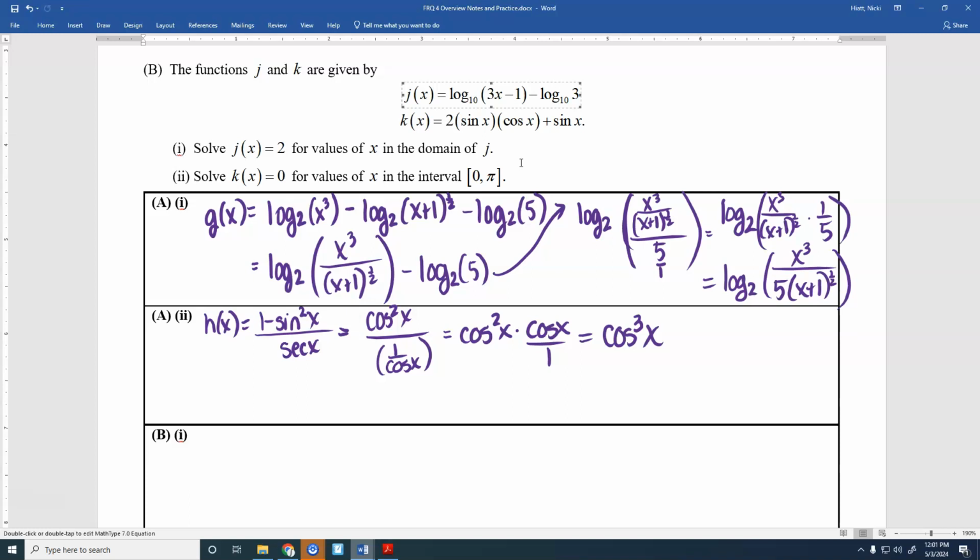All right, part B is going to ask us to solve equations. So for number 1 of part B, we'll do log base 10 of 3x minus 1 minus log base 10 of 3 equals 2.